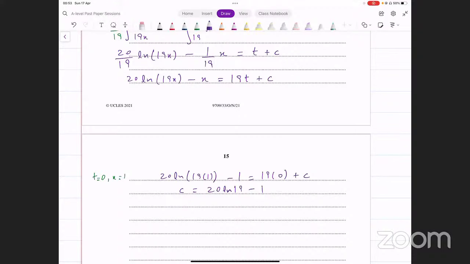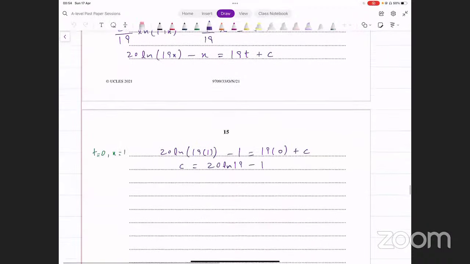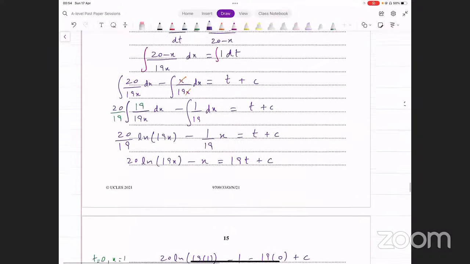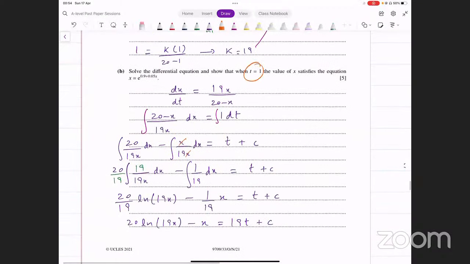This is the value of c that I'm getting here. ठीक है. अब इसको जाके हम इनपुट कर देते हैं ऊपर. हमारे पास क्या इक्वेशन आ गई? 20 ln of 19x minus x equals 19t plus 20 ln 19 minus 1. अब उसने क्या कहा है? When t equals 1, show that x satisfies this equation. t की वैल्यू 1 इनपुट कर दें.